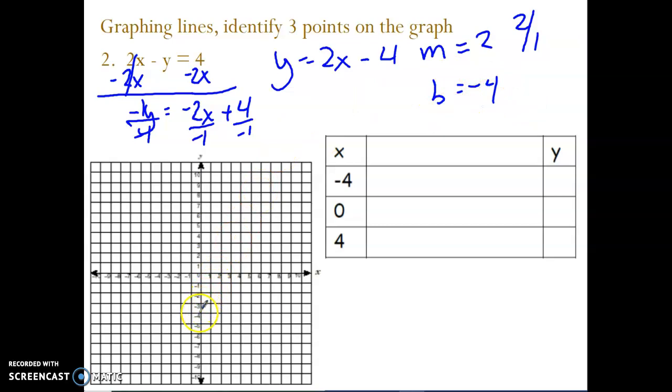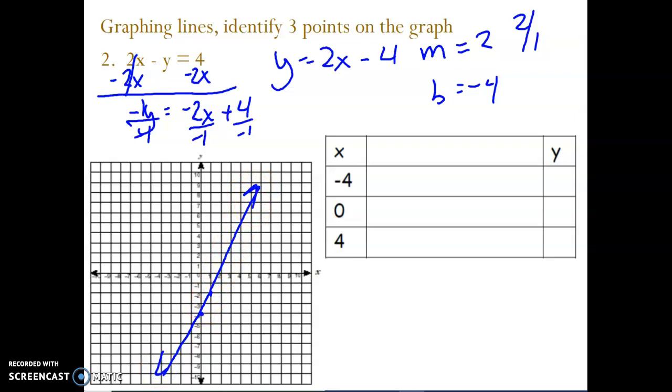So I'm going to put negative 4 on the y-axis. That's my first point right here. And then from there, I'll count my slope. Well, this time the 2 is positive. So from the y-intercept, I'm going to count up 2 and right 1. All right, and there is my next point. Okay, so take your ruler, connect the points. I will aim the best I can on my screen here.